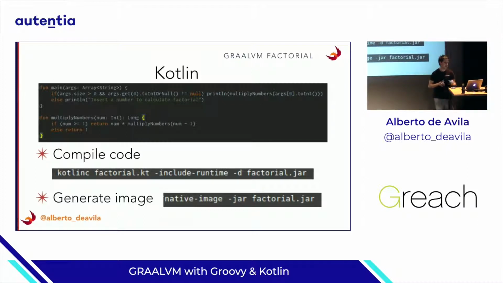Generating the jar file allows us to generate the native image easily. So we can call native-image and send in the jar name, and it will generate our native image of that Kotlin code.